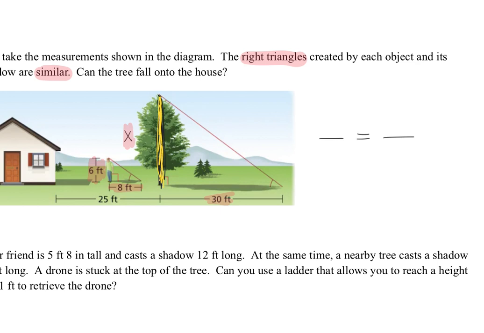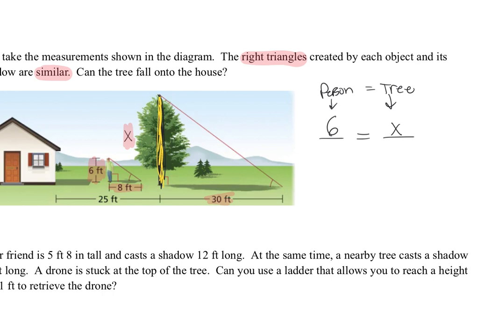So the 6 is going to go in our numerator, okay? And we could put person equals tree. How's that? That way we know that the left side's all the person stuff and the right side's all the tree stuff. So how tall is the tree? Do we know? No. What are we going to put? Bingo. Perfect.